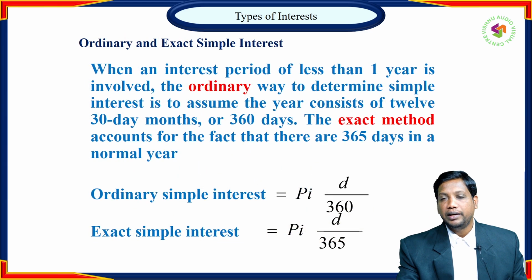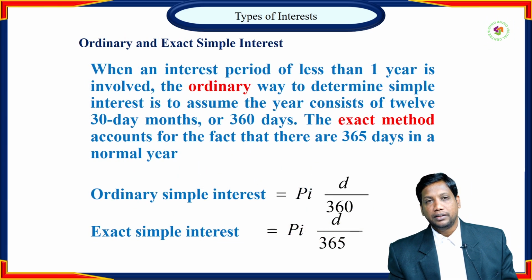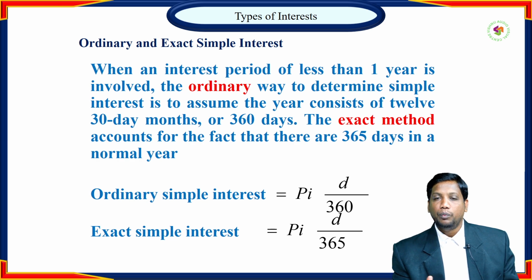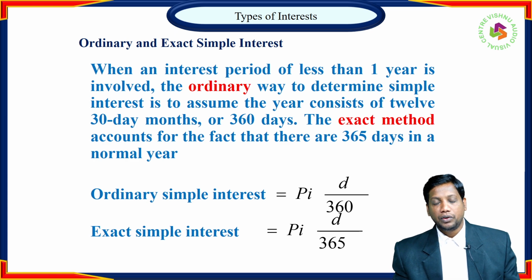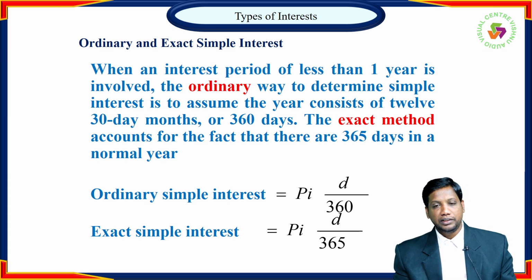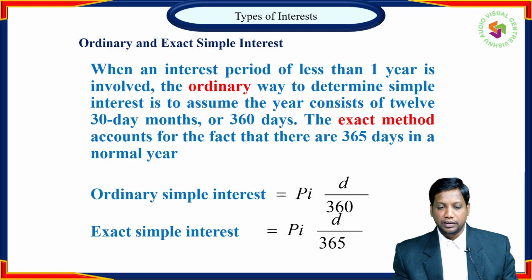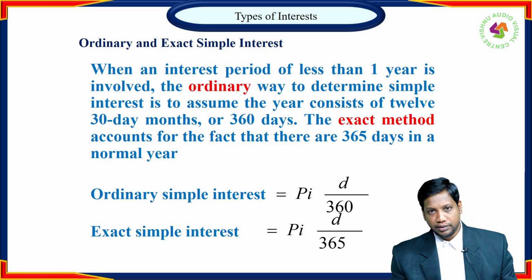While calculating simple interest, the main problem is how many days we need to consider for calculation of the interest. Generally, some months may have 28 days, some months 30 days, 31 days. Irrespective of that, we have two different techniques to calculate simple interest: ordinary and exact simple interest.